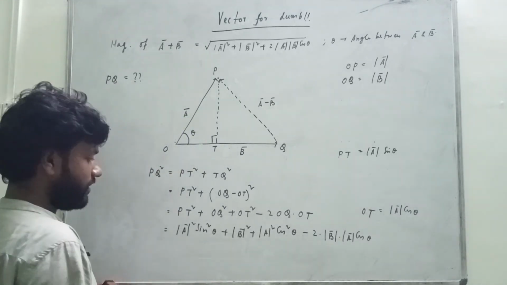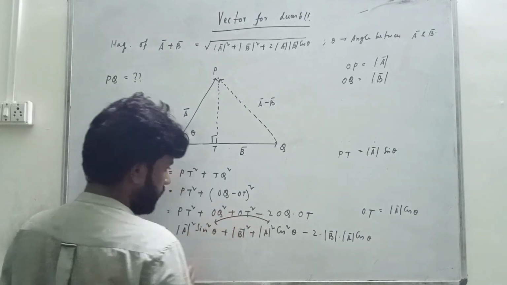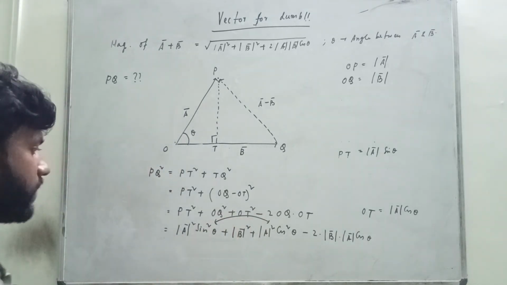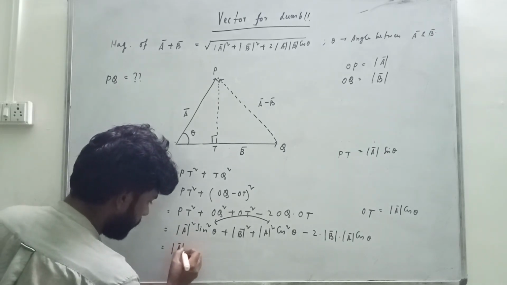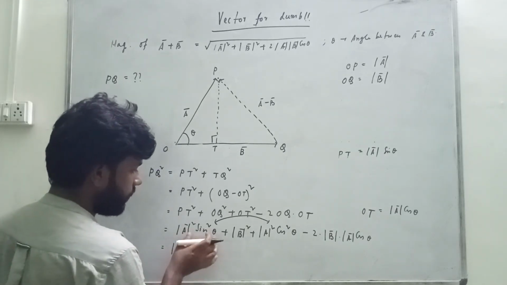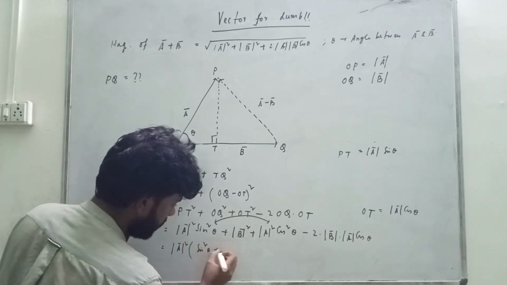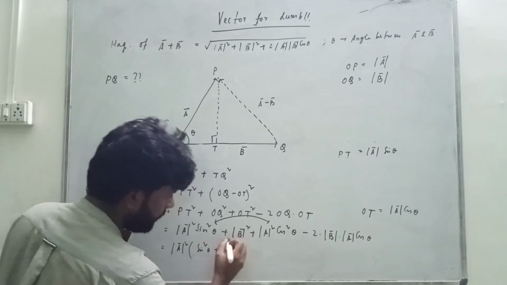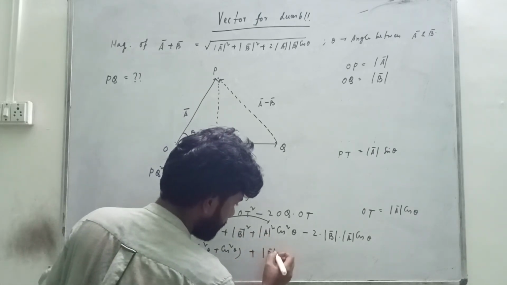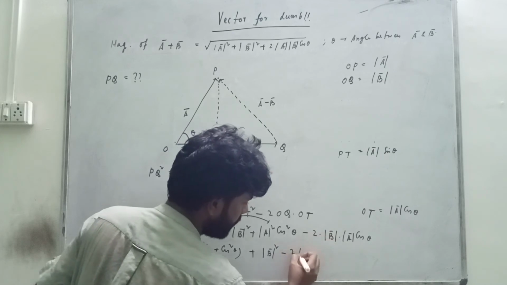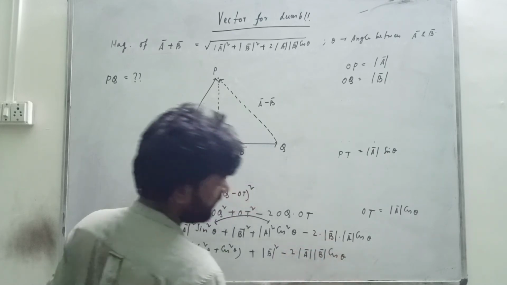And just look at this stuff. In the first and the third term, modulus of A square is a common term. If you take modulus of A whole square common from the first and third term, it is sin square theta plus cos square theta here. B square remains here. Minus 2AB cos theta.